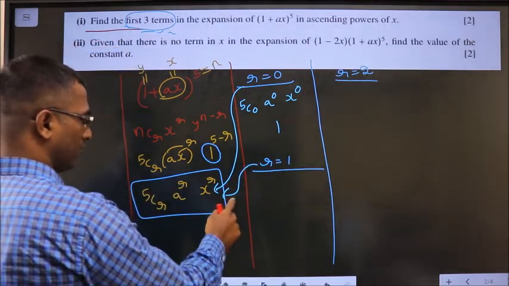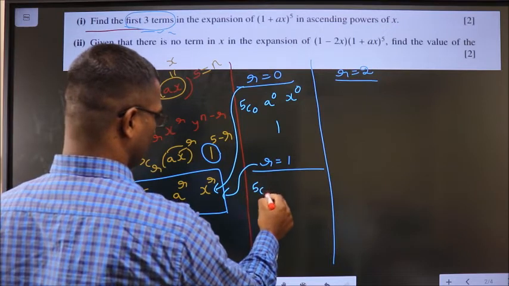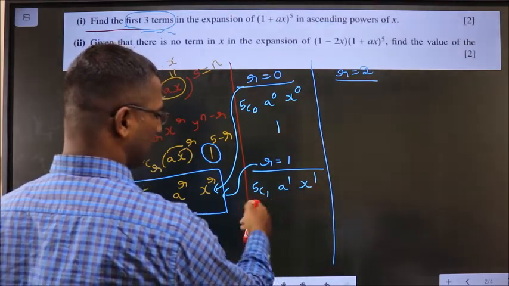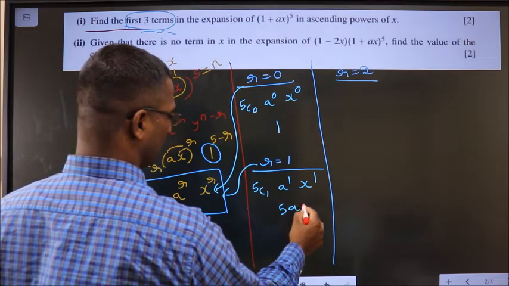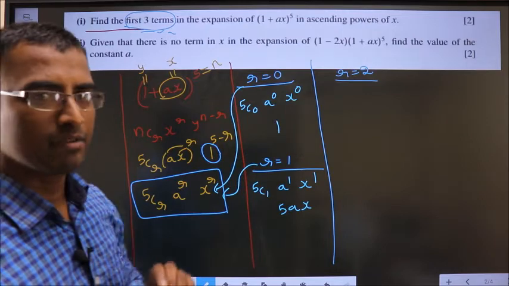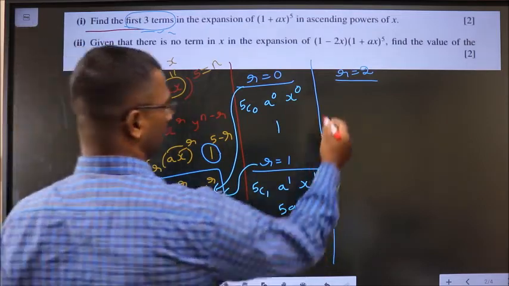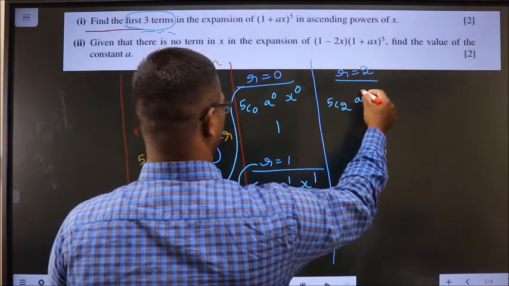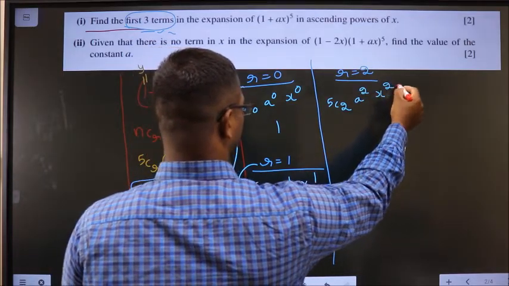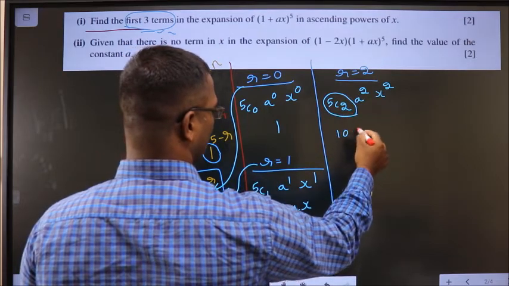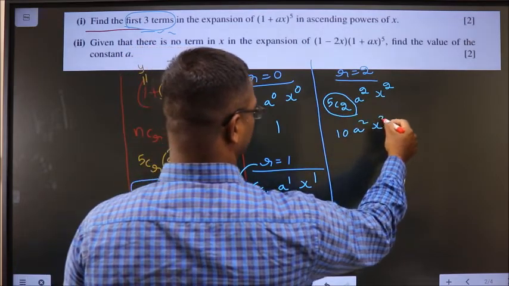Replace r equal to 1 in this. So 5C1, a^1, x^1. 5C1 is 5, so you get 5ax. Now replace r equal to 2. So it is 5C2, a^2, x^2. 5C2 from the calculator is 10, a squared, x squared.